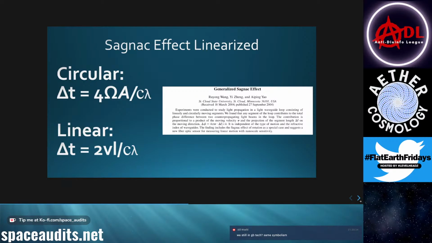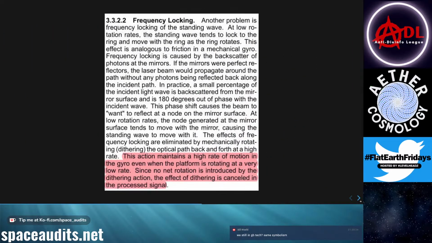But the idea that you can't measure linear motion, that's over, man. So we've got the equations to represent it all, to measure it out. They all predict the same thing in both reference frames, in the lab frame and in the quote unquote rotating frame of the apparatus. All right, so we'll get into this thing called frequency locking now.